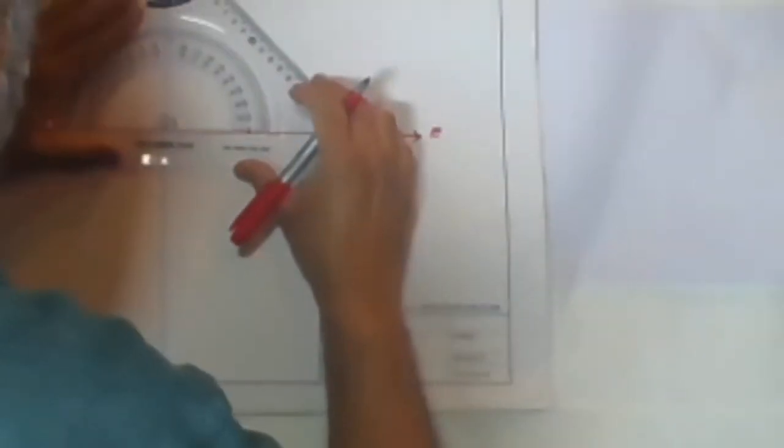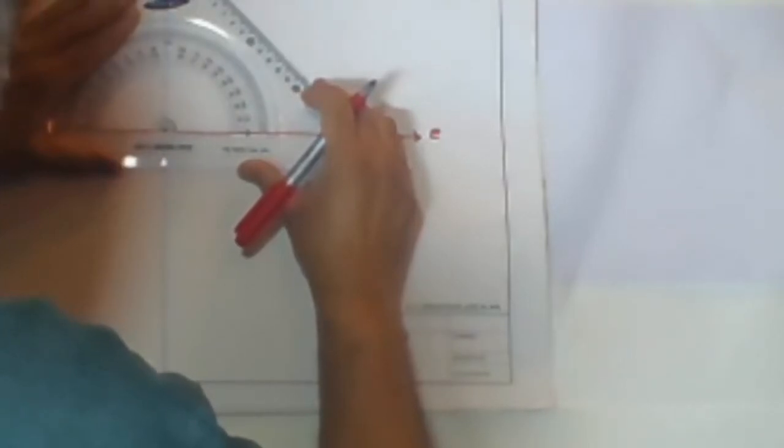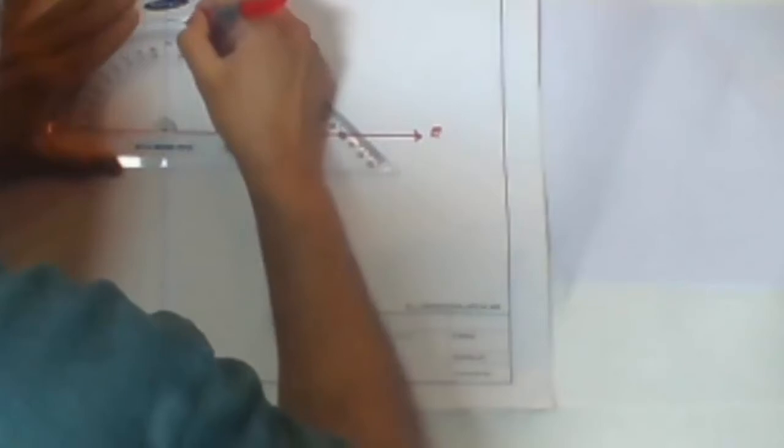Now we have to take the angle north 10 degrees east, and from there 17 degrees: 10, 15, 16, 17.